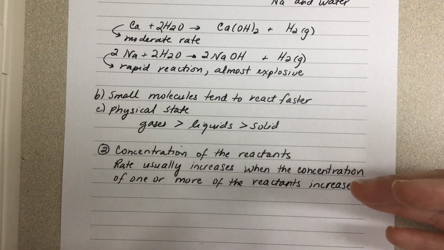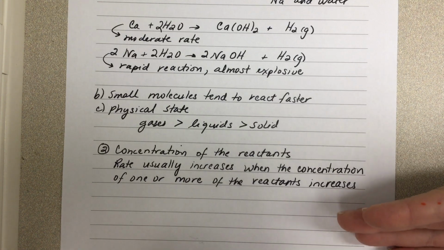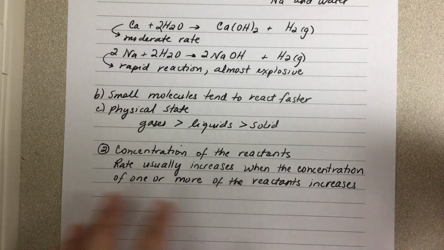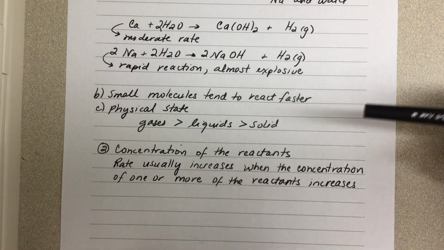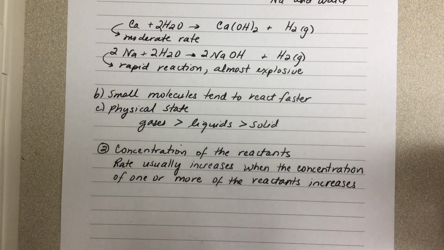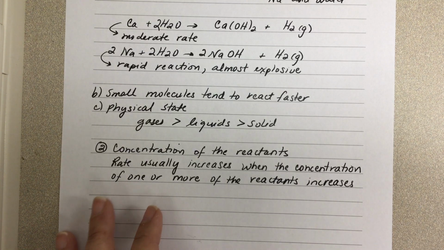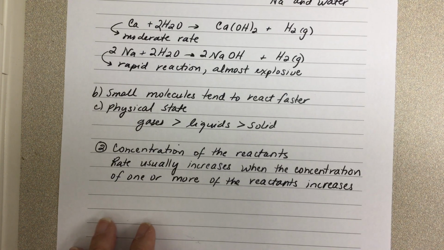The more particles you have, the easier it will be for them to find each other, to have collisions to give you the product. Okay? So usually when you have a higher concentration, you're going to get more collisions and you will have a faster reaction. So there's not too much to add here, or nothing at all.